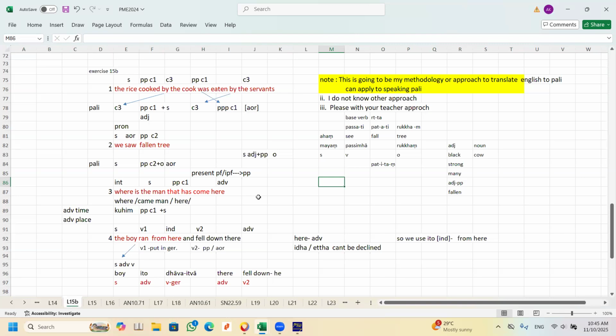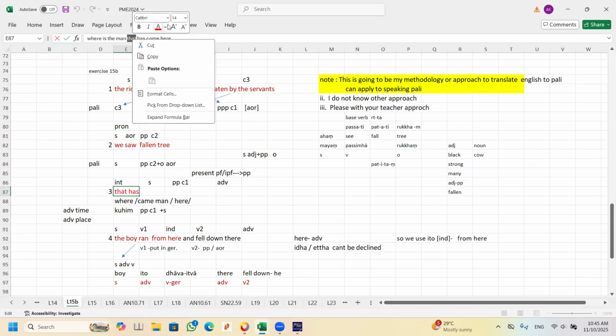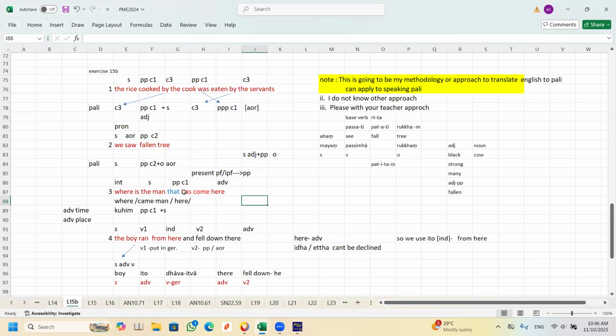And the only thing that tells you is the word that. This word that is telling you that this one is connected to this.